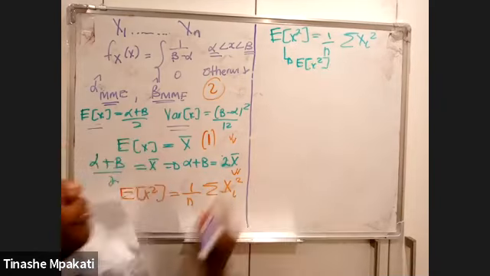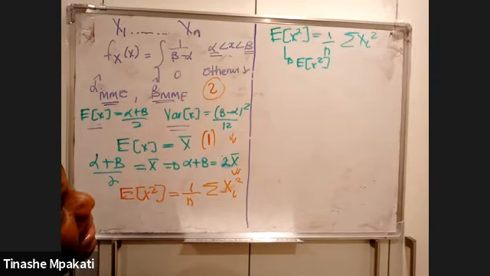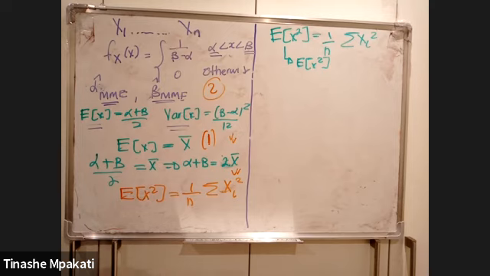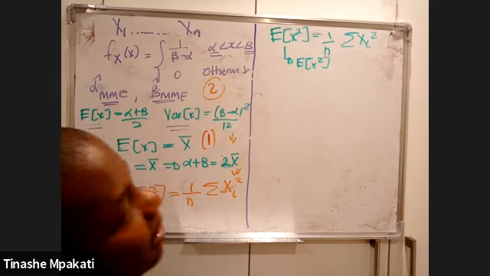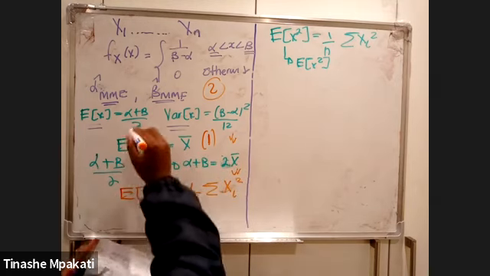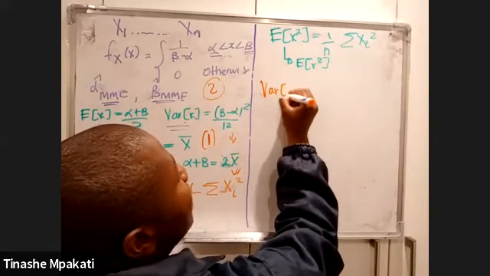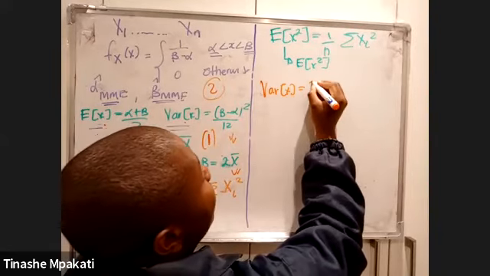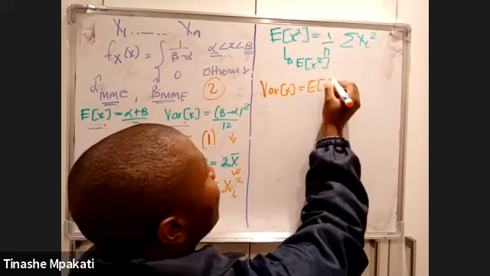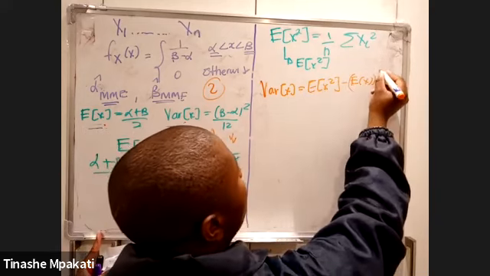For a distribution where you cannot find the expectation of x squared on your formula sheet, you would have to manually calculate it using the law of the unconscious statistician. But in this case, we are given our expectation and our variance, and we know that the variance of x is defined by the expectation of x squared minus the expectation of x all squared.